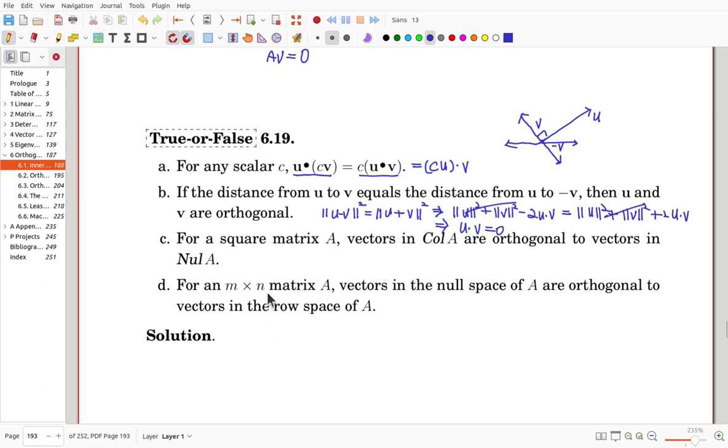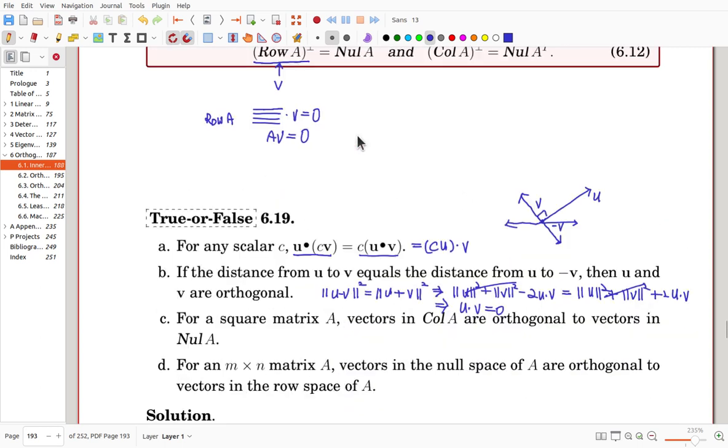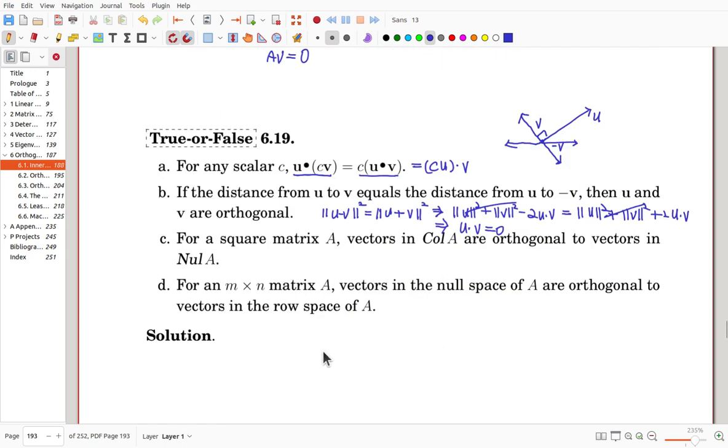For an n by n matrix A, vectors in the null space of A are orthogonal to vectors in the row space of A. That is one of the statements from before, so that is true.